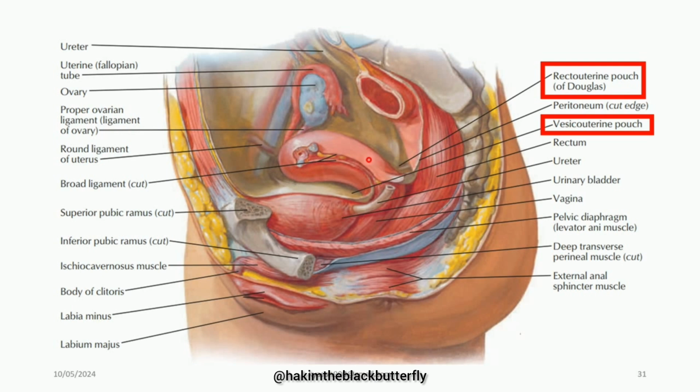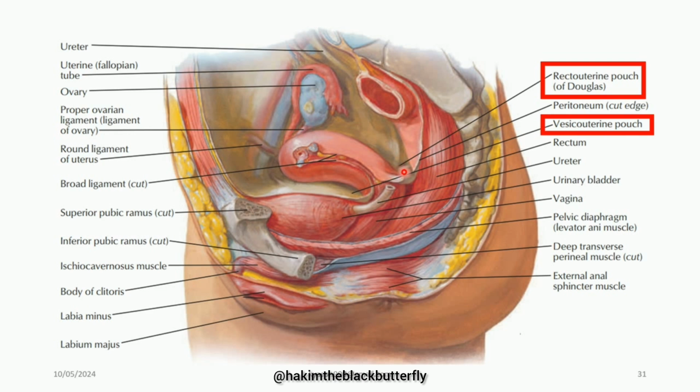Between the uterus and the rectum, we have the rectal uterine pouch, or what some people call the pouch of Douglas. Okay, so this potential space and this one here can be filled with fluid.